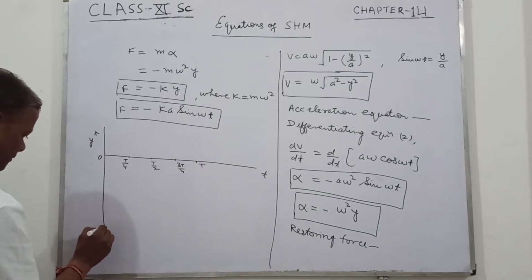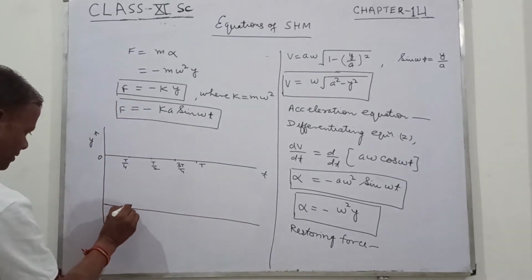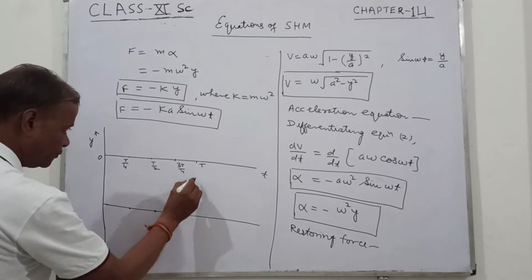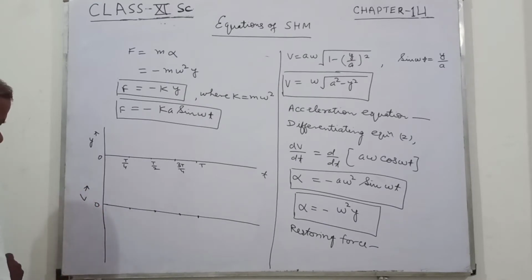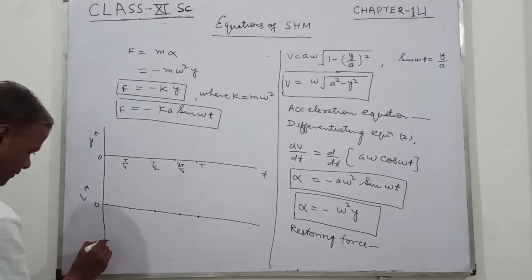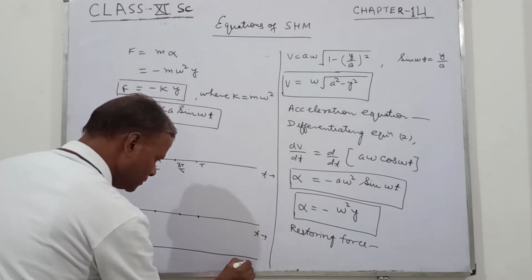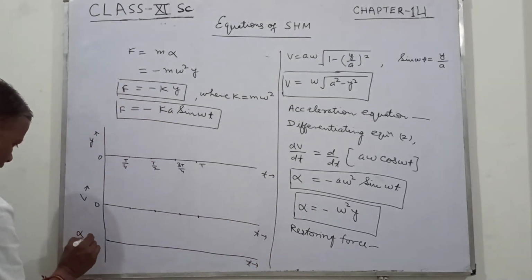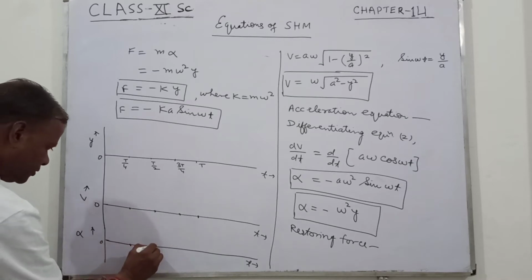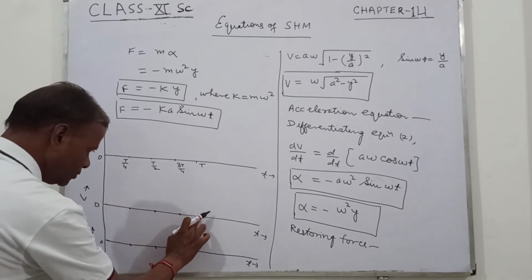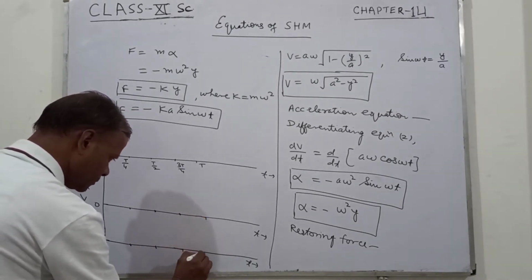Similarly we will have here for T, T by 2, 3T by 4, T. Here we take the velocity v, and similarly we will have alpha.